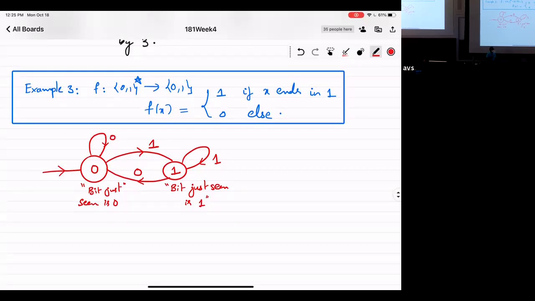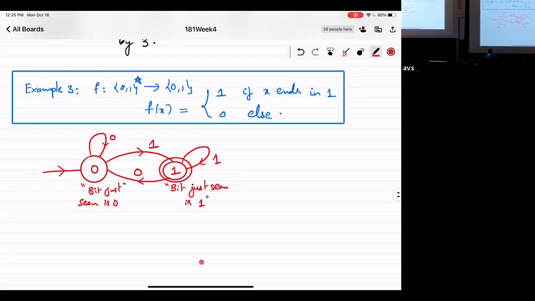The description of the automata is not complete until I also tell you what will make you output 1 and what state will make you output 0. So in this case, what should the accepting state or states be? 1, right? And as we discussed last time, we'll indicate it with a double circle.